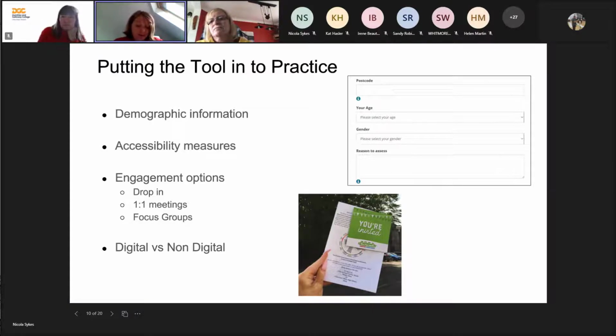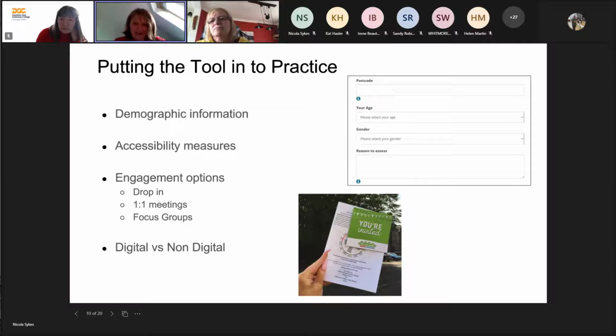So we put together our own demographic survey, in paper form and also via SurveyMonkey, that went alongside the tool. To make it as accessible and easy to use as possible, we also adapted a smaller version, and you can see it here in the photo. It was just an A5 folded leaflet, but the beauty of it was it could be put in places like hairdressers and barbers.